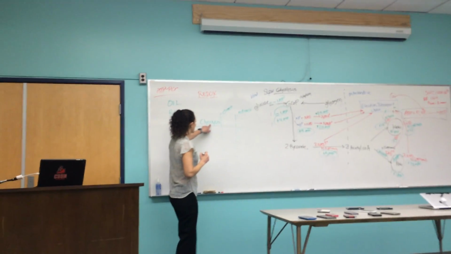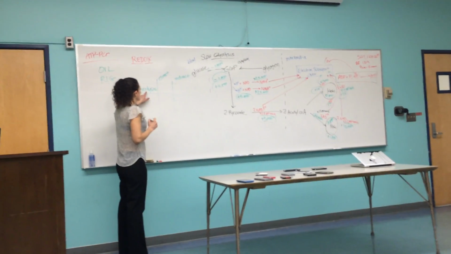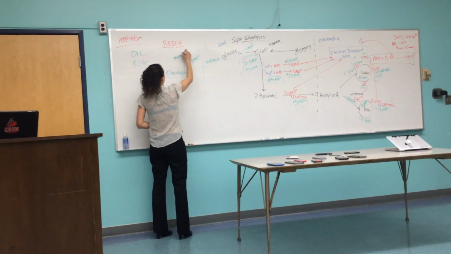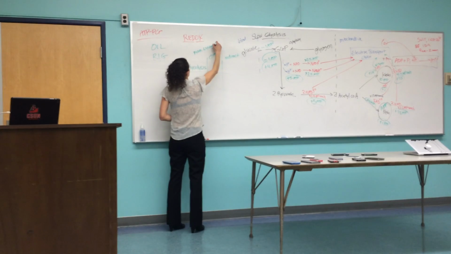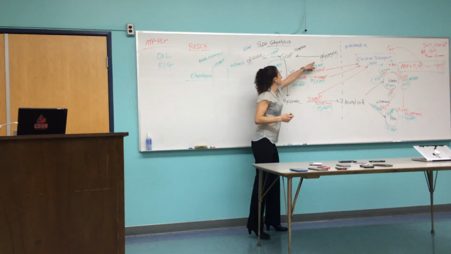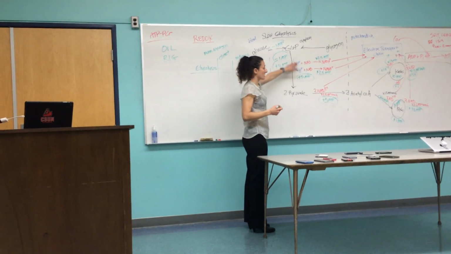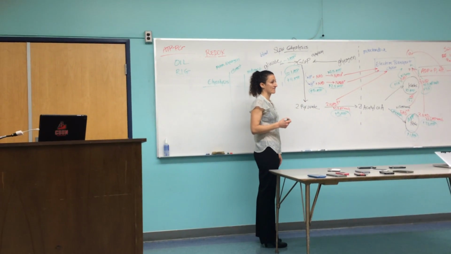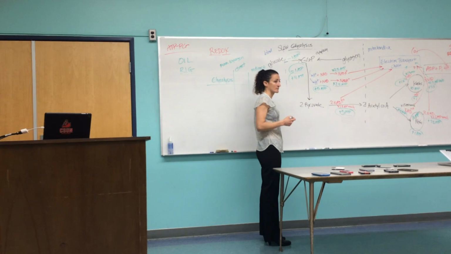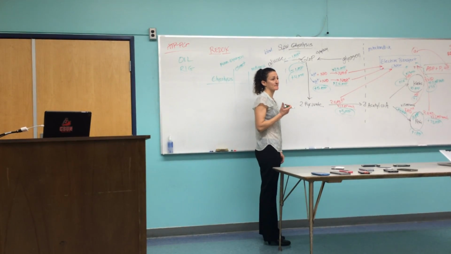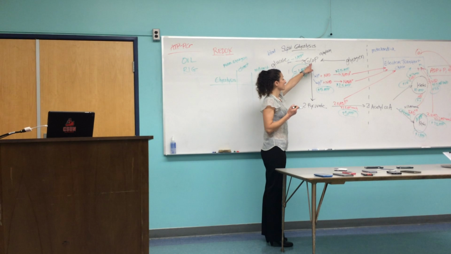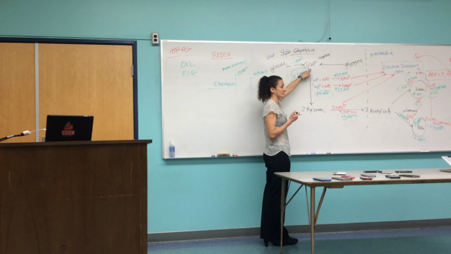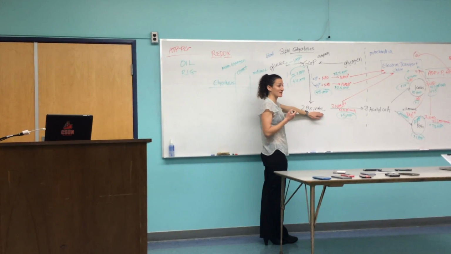So the process of glycolysis, let's say we're coming from glycogen, so we'll label this from glycogen. Where does glycolysis begin? Glycolysis begins at G6P. Where does glycolysis end? Pyruvate is the end product of glycolysis.